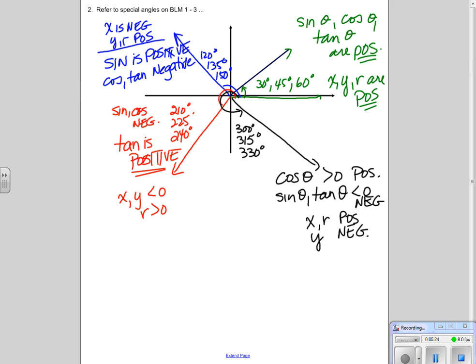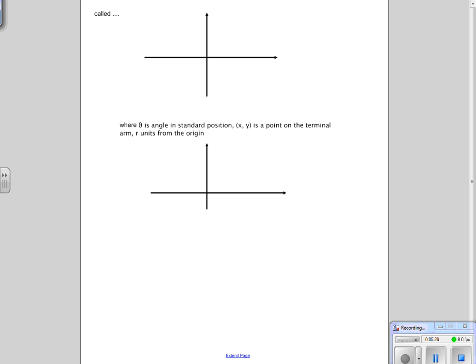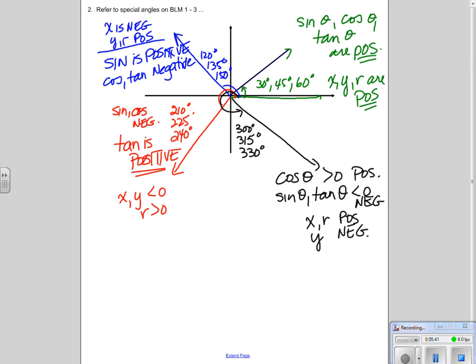We're going to actually use this little summary in what we call the CAST rule. From the last slide, everything was positive here. In this slide, only sine is positive. In this quadrant in the bottom left, tan was positive, and in the bottom right, cos is positive.